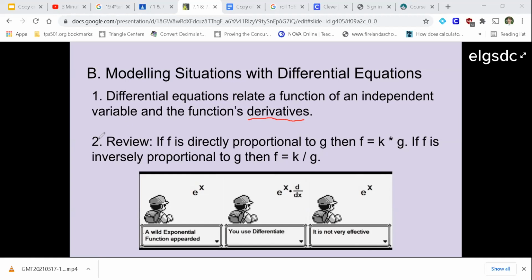The other thing you will need to do to be successful at this lesson is actually an Algebra 1 review. You learned this way back in Algebra 1. But if a function f is directly proportional to a function g, that means f is equal to some constant times g. So whenever you see that phrase directly proportional, that means that your equation will have this form.